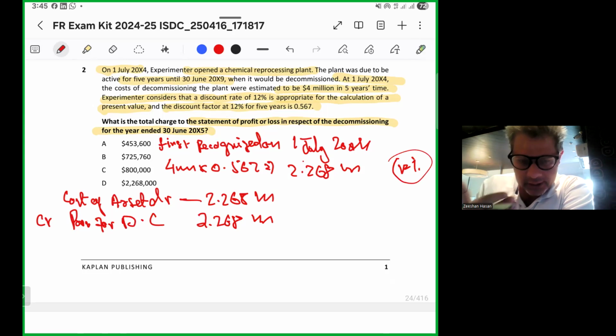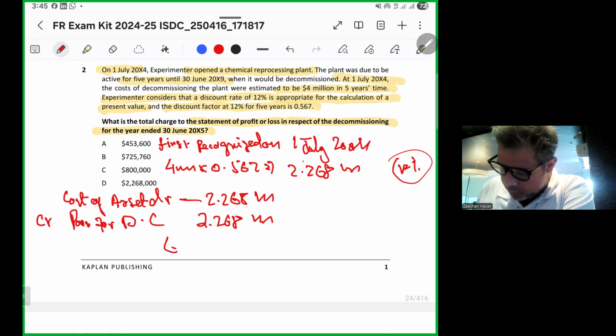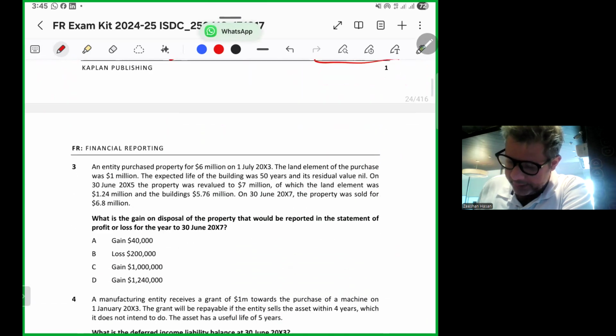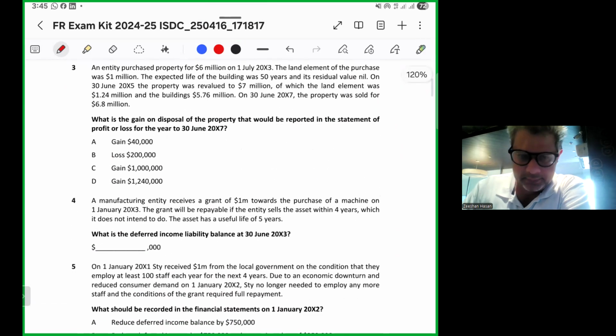The finance charge for the year to 30th June 20X5 is 2.268 million into 12%, and we get 272,160. I hope it is clear till here.